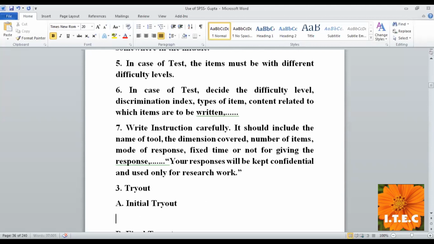The main objective of initial tryout is to select items.